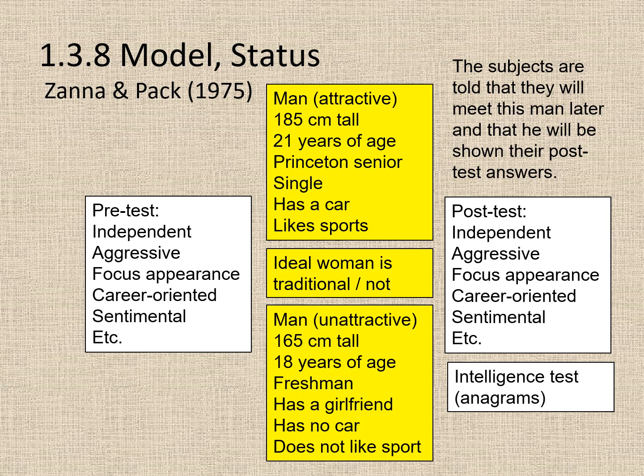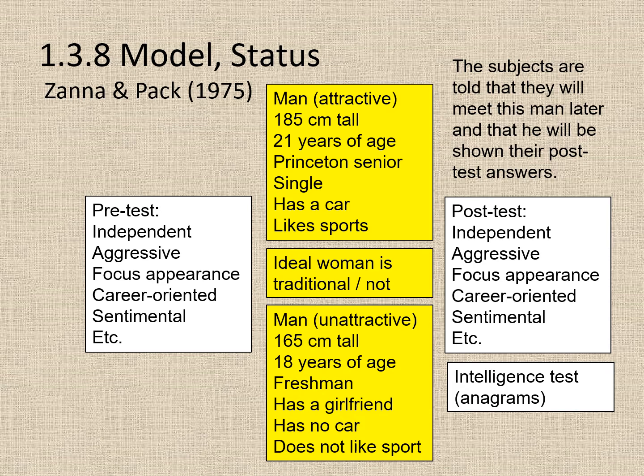Sometimes the man is described as an unattractive man. He's short, he's young, he's a freshman at the university. He already has a girlfriend, no car, and he doesn't like sports. He's a nerd. And then they also get the information that this man they're going to meet either thinks that women should be traditional, stay at home, watch kids, bake and so on.